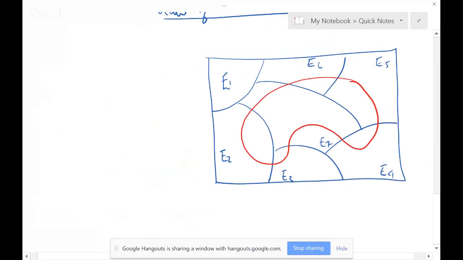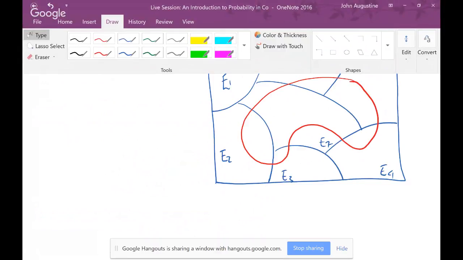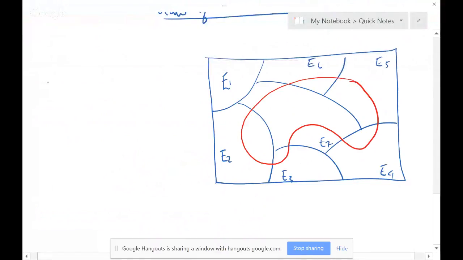So what we are interested in is the probability of B. But the probability of B could be complicated, except when we condition on a particular Ei.